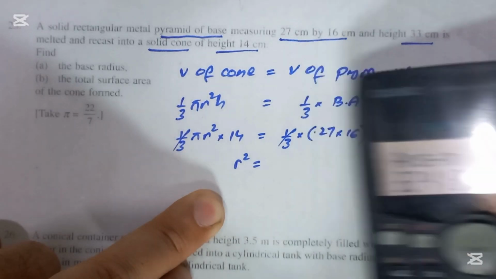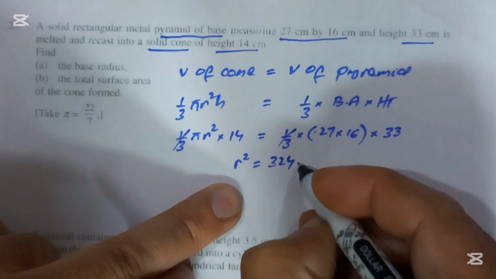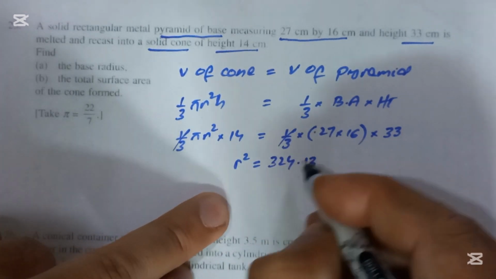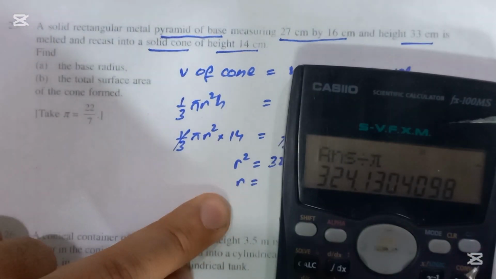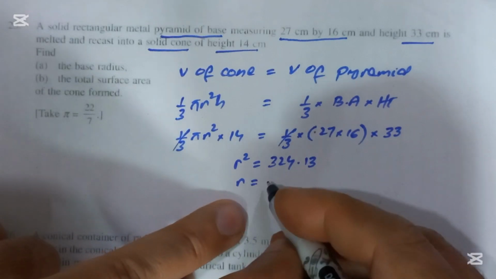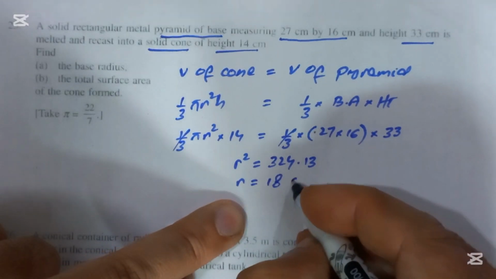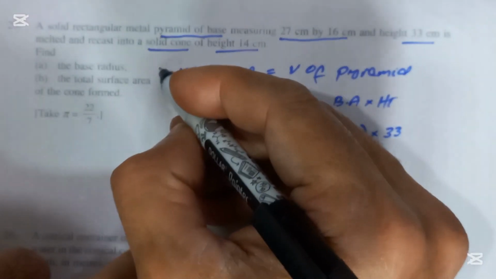So 324.13. This is the value of the r square, and r will be the square root of this value. This is 18. Unit will be centimeter. So this is the answer of A part.